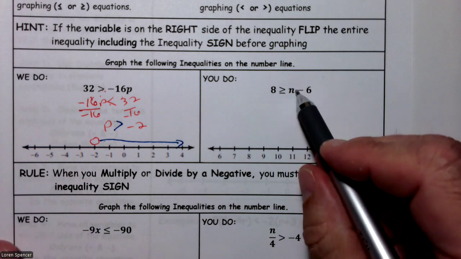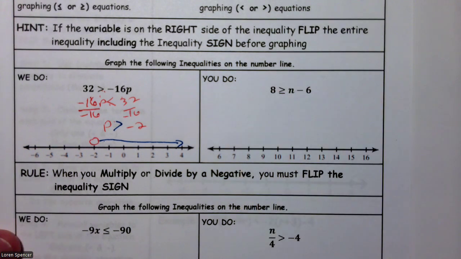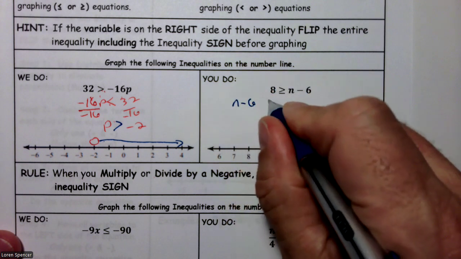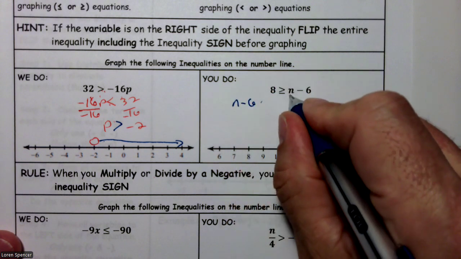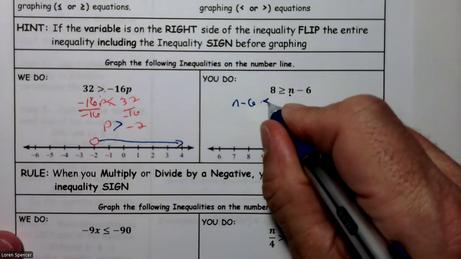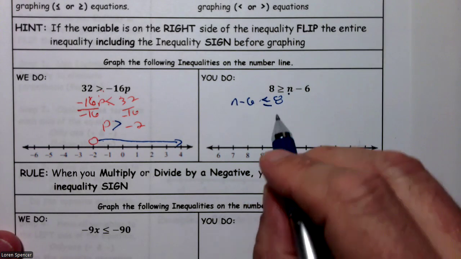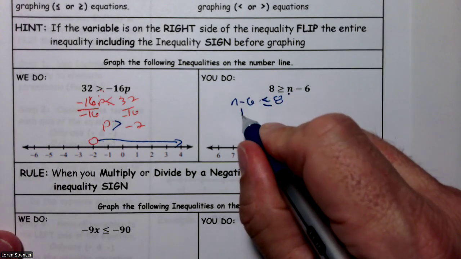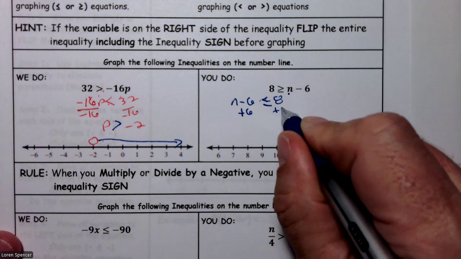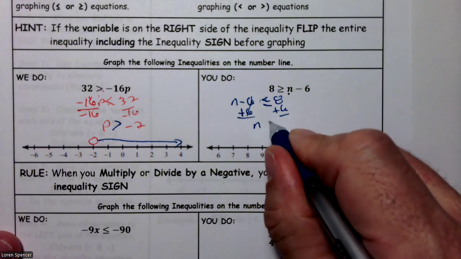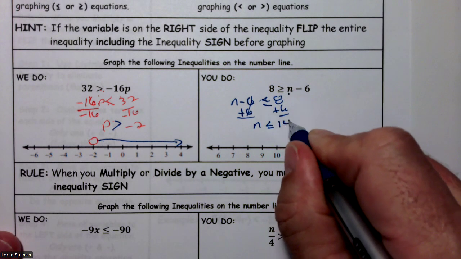Once again, I need to rewrite this. So I'm going to rewrite this as n minus 6, and it's pointing in that direction. All right. Now, I'm going to move the 6 by adding 6, and I end up with n is less than or equal to 14.